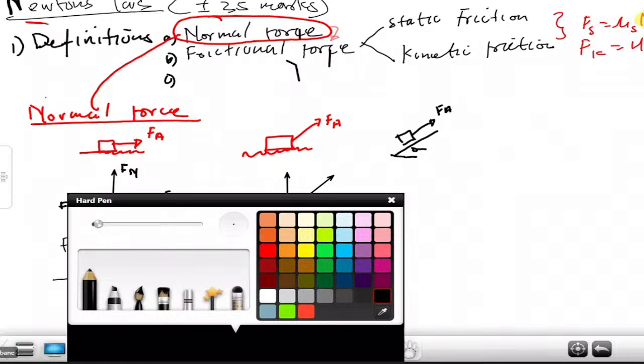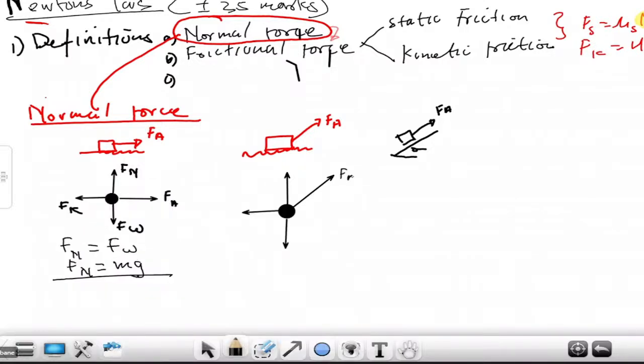Let me quickly label: this is your FA, this is your FN, this is your FK, and this is your FW. But what is the challenge here?